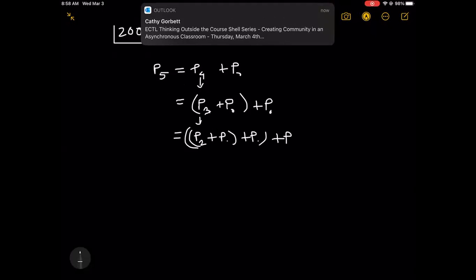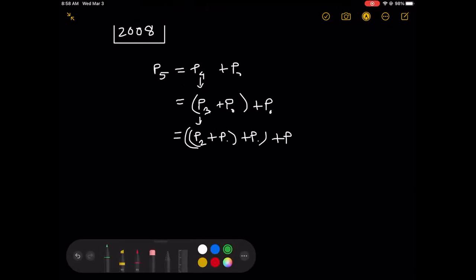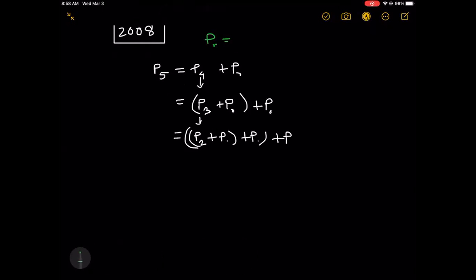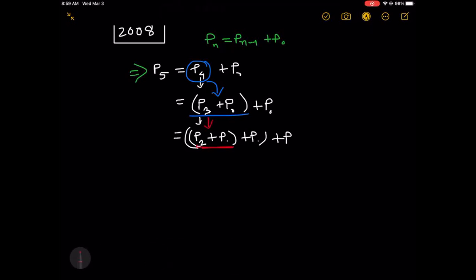I'm just using the recursive format to run this loop using the same formula, Pn equals Pn minus 1 plus P naught. So this is for P5. You can see we can use the same formula for P4 to get this. We can keep going on for P3.